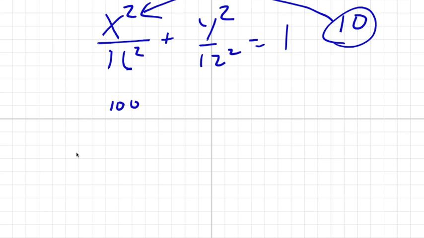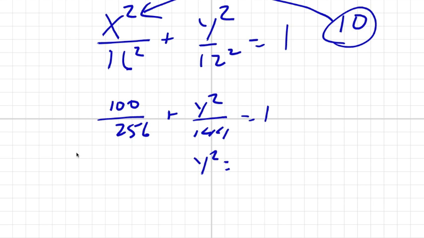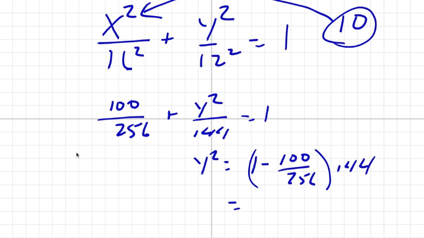So we'll do 100 over 256 plus y squared over 144 is equal to 1. So y squared is equal to 1 minus 100 over 256 times 144.